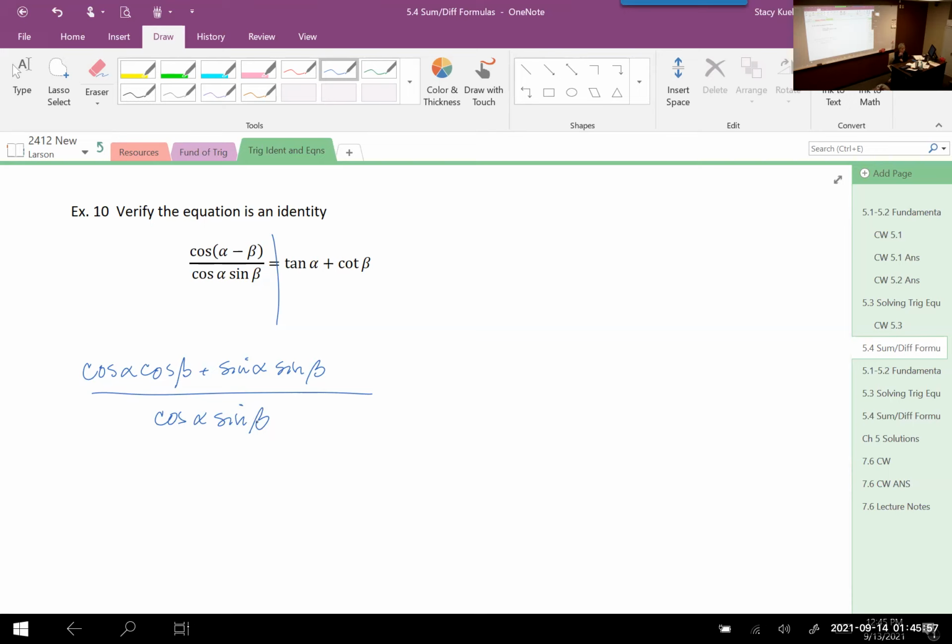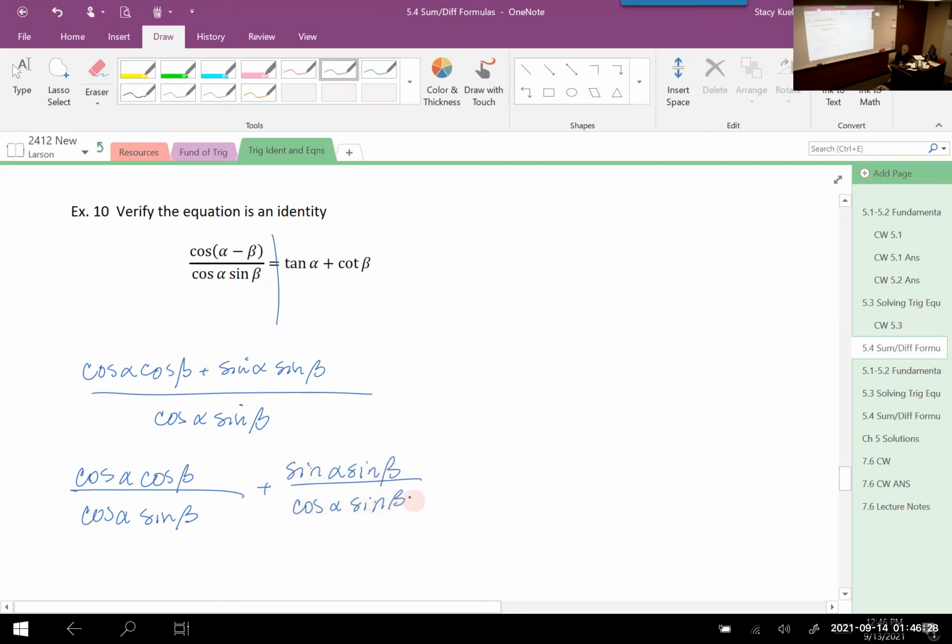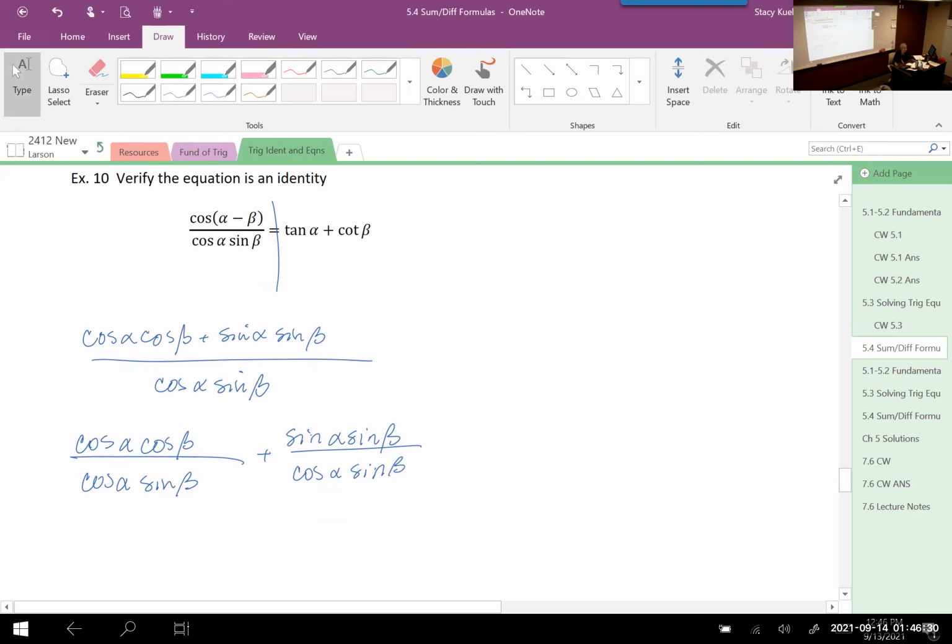So that tells me that I can write this as 2 separate fractions. When there's a single term in the denominator, I can separate my numerator. So this is cosine alpha cosine beta over cosine alpha sine beta plus sine alpha sine beta over cosine alpha sine beta. I just rewrote this as two separate fractions instead of the combined fraction.